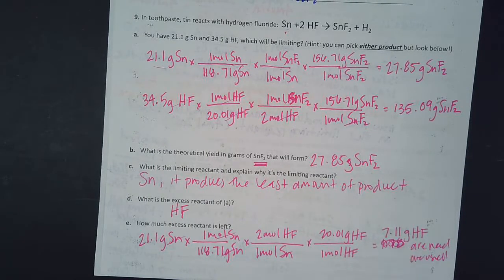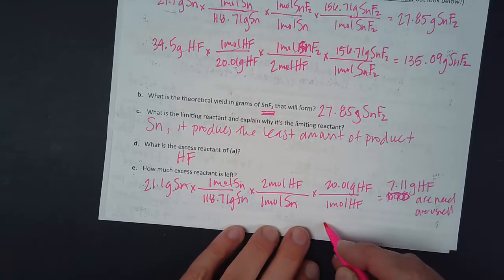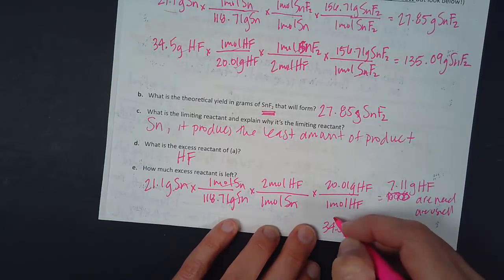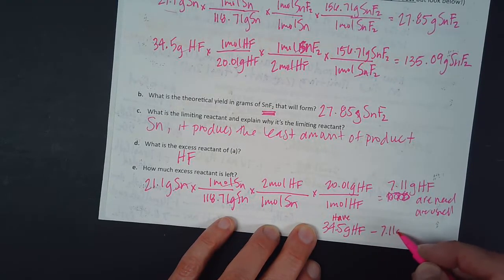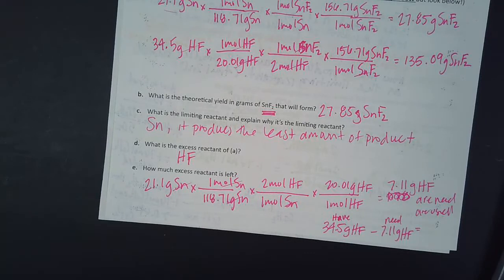But how many grams of HF did we start with? 34.5. So now we're going to take 34.5 grams of HF, this is what we have, minus 7.11 grams of HF, this is what we need, and that will give us what is left over. 34.5 minus 7.11, so 27.39.